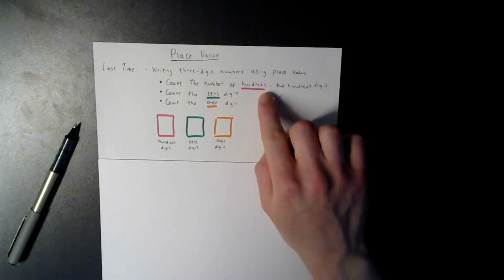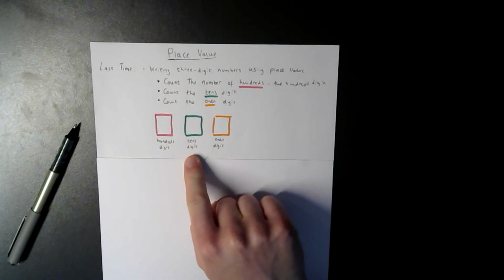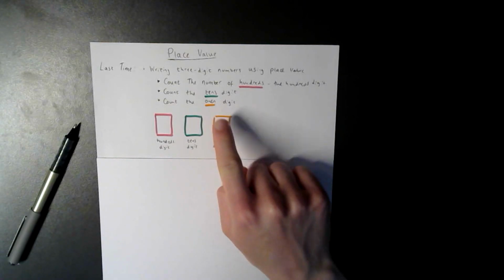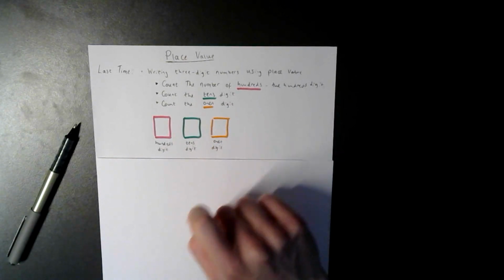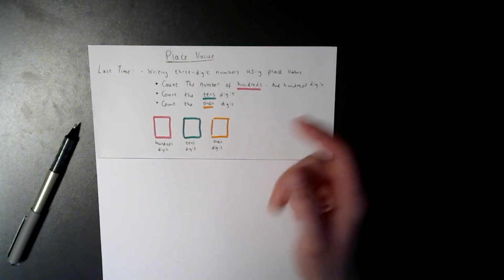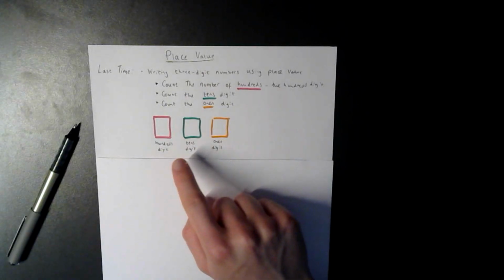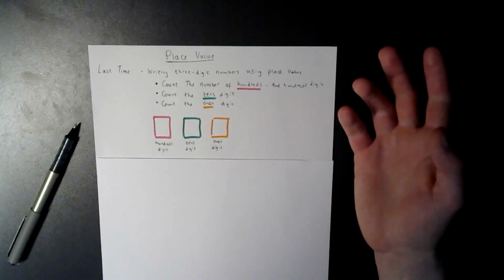So the hundreds would go in the hundreds digit on the left, the tens would be the middle digit, and the ones go on the right. You can remember that forwards as hundreds, tens, ones, or backwards as ones, tens, then hundreds. Whatever works for you.